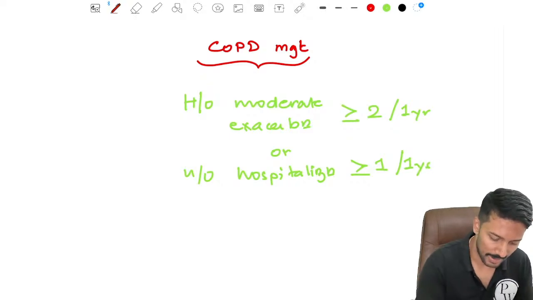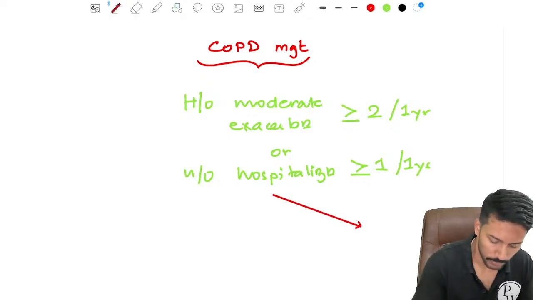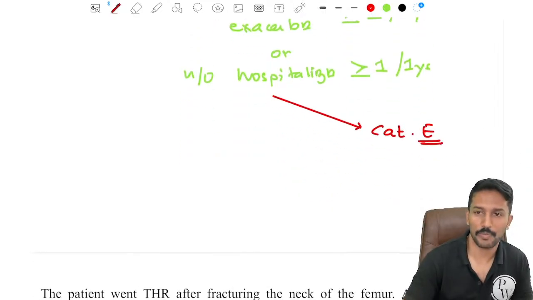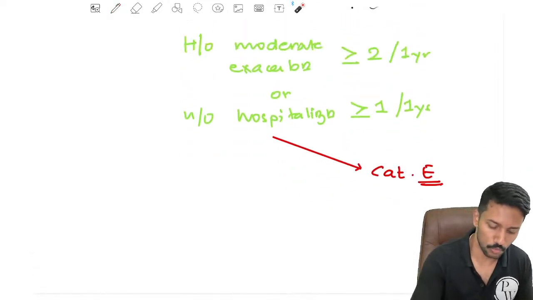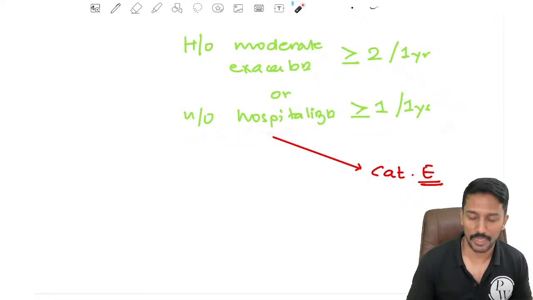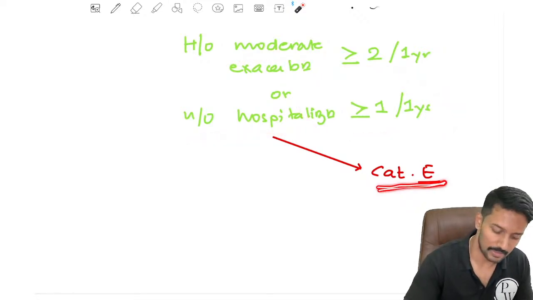If any one of them has happened, then we will put the patient in category E. E is the exacerbation predominant category. Here, if last year 2 moderate exacerbations have happened or 1 severe exacerbation requiring admission has happened, then that patient should go into category E.